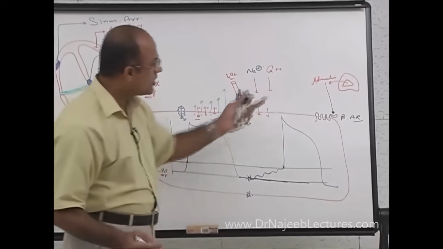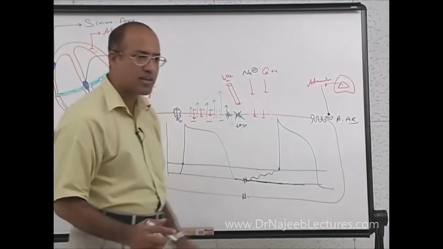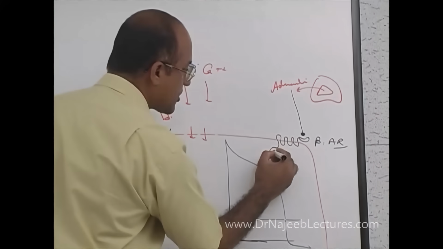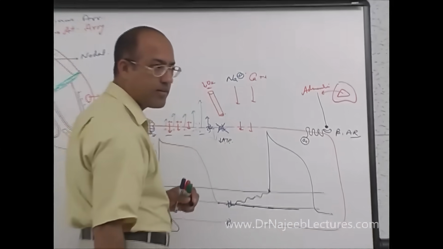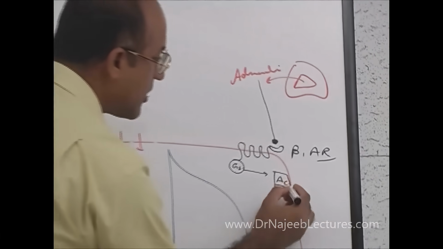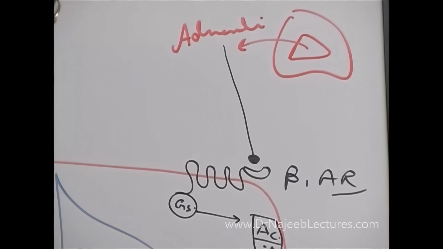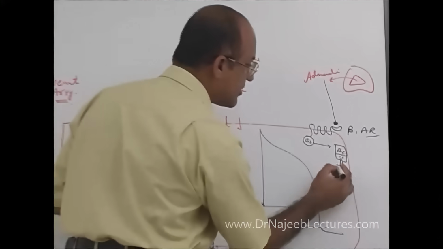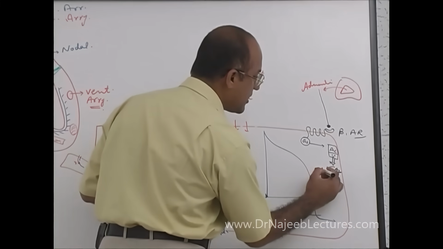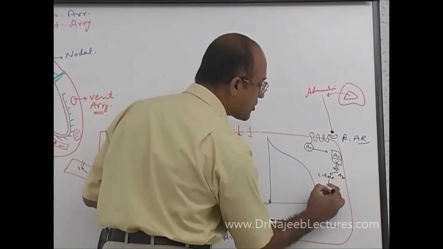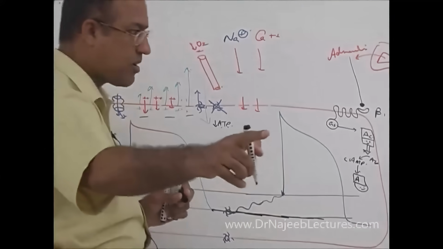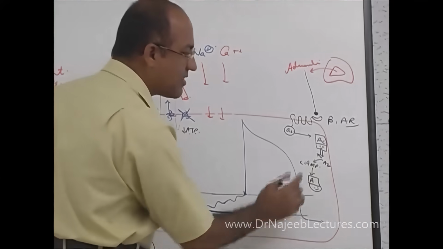So when a patient with heart disease becomes angry or excited or tense, they release adrenaline. This adrenaline will bind with the receptors, and these receptors will stimulate a protein inside the cell, which is called G stimulatory protein. This G stimulatory protein will stimulate adenylyl cyclase, and this adenylyl cyclase will convert ATP into cyclic AMP.